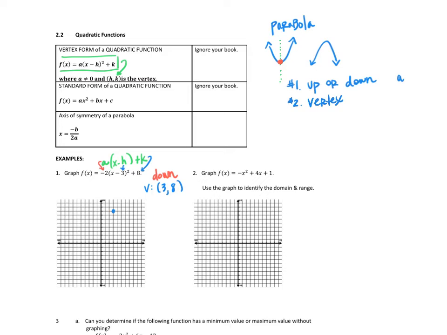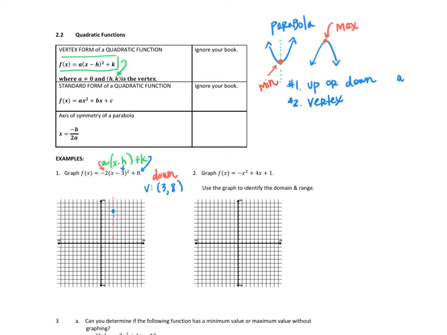So I now know that I'm going to have this line of symmetry that goes through that vertex. Now, since I know that the parabola opens down, the other thing I should be aware of is this is going to be my max. If it's opening up, then this is going to be the point where a minimum occurs.